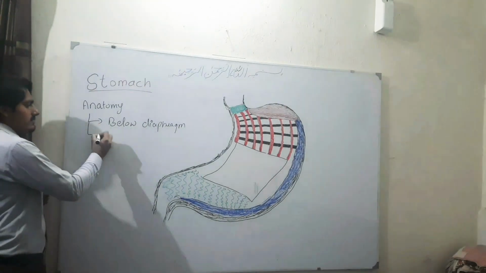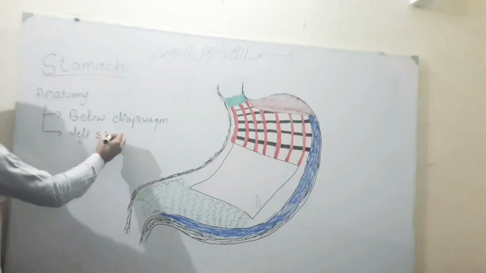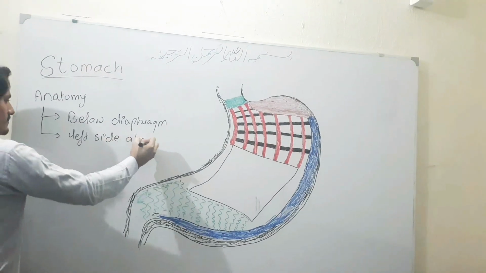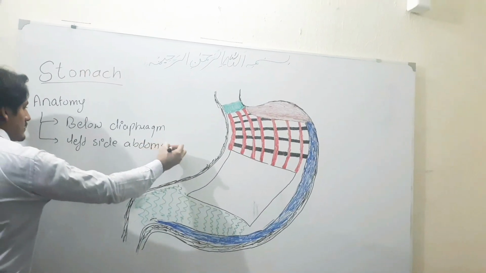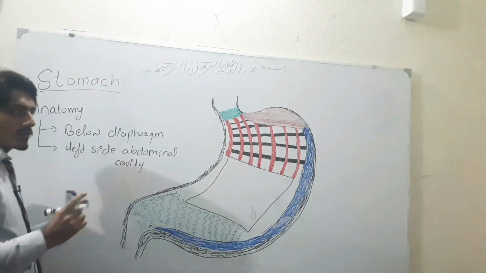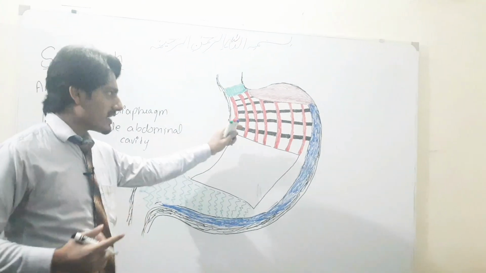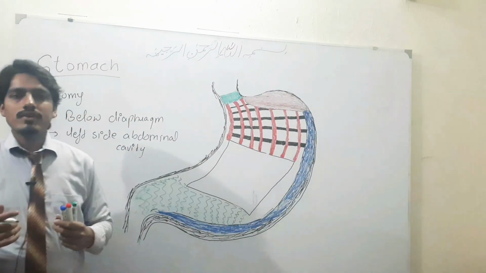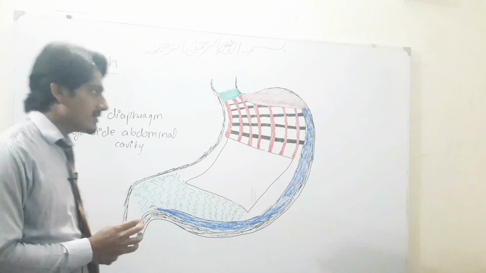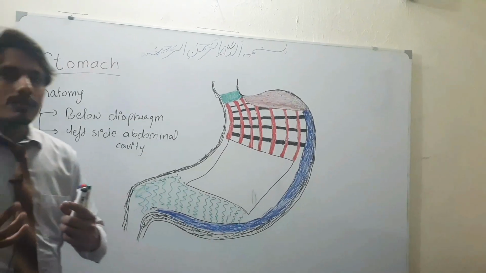Below the diaphragm, and second, on the left side of the abdominal cavity. This is the exact location of the stomach in our body, below the diaphragm and on the left side of our abdominal cavity.